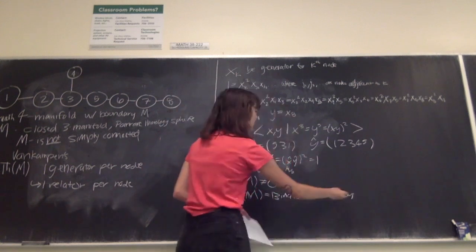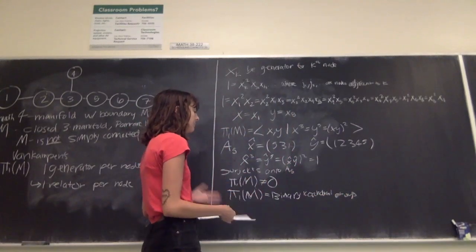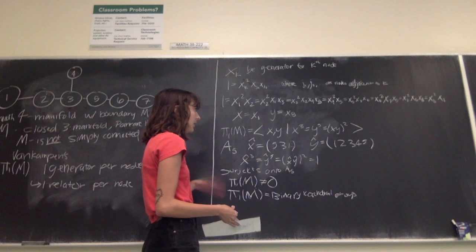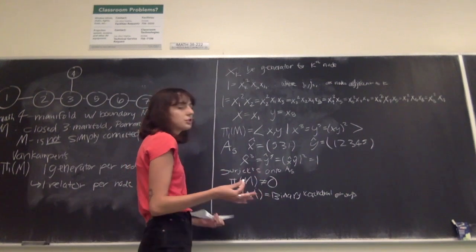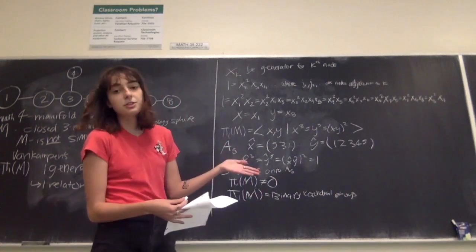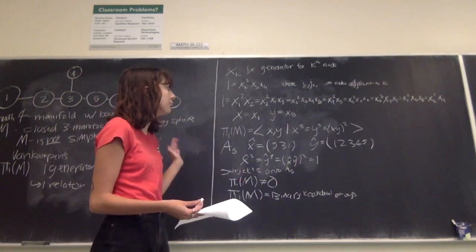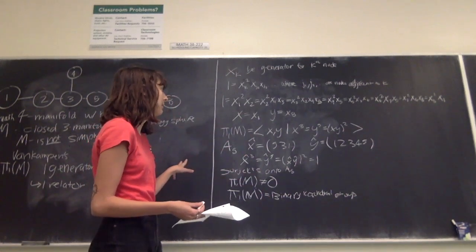This group is an extension of the regular icosahedral group, where the extension has degree 60. So basically this shows us that even though we have something that we will eventually show is a homology 3-sphere, it's not a homotopy 3-sphere.